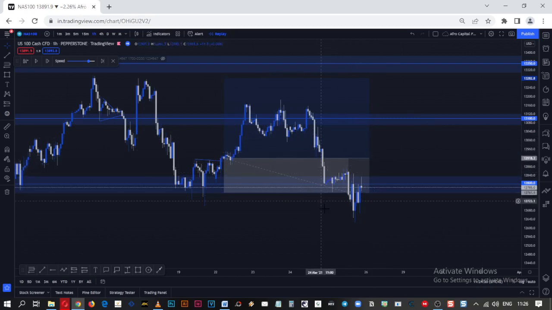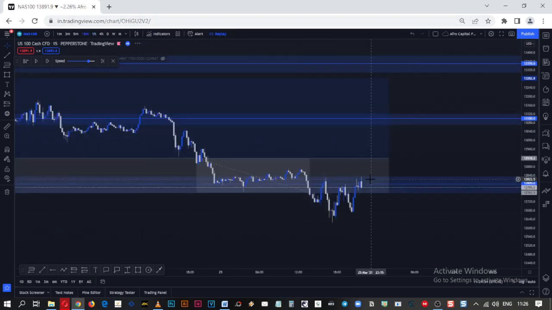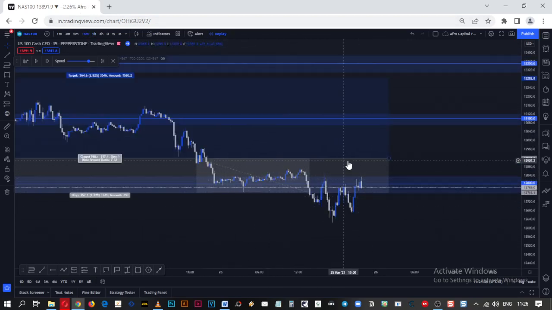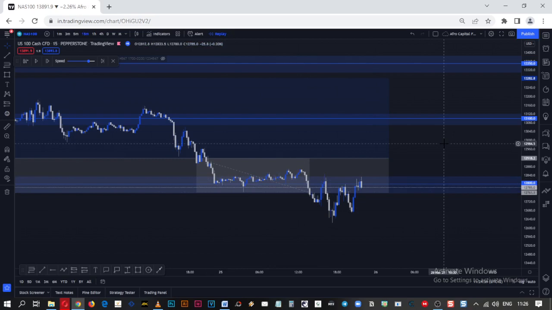we missed an entry right about there. Continuation entry.